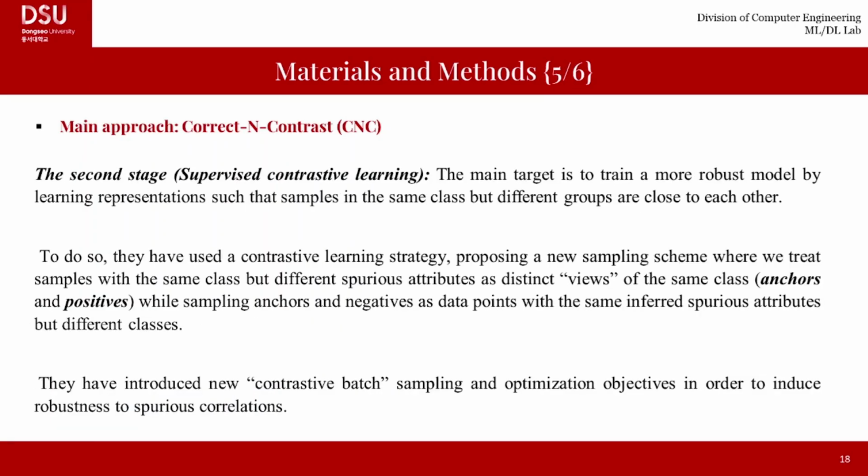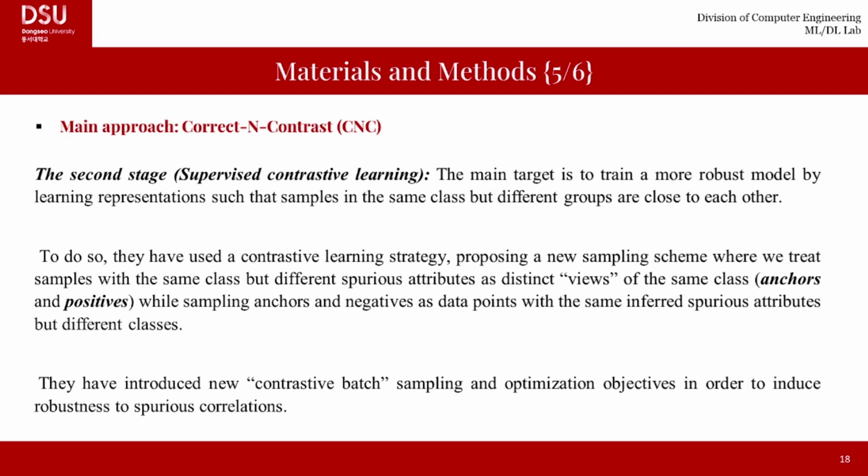If we see the second step, in the second step they use supervised contrastive learning. They initialize a robust model, f naught, with random weights. For each epoch, from 1 to K, they do the following for the anchor.